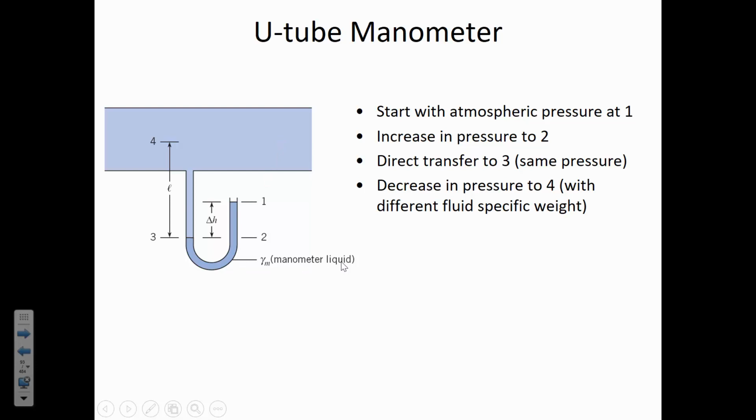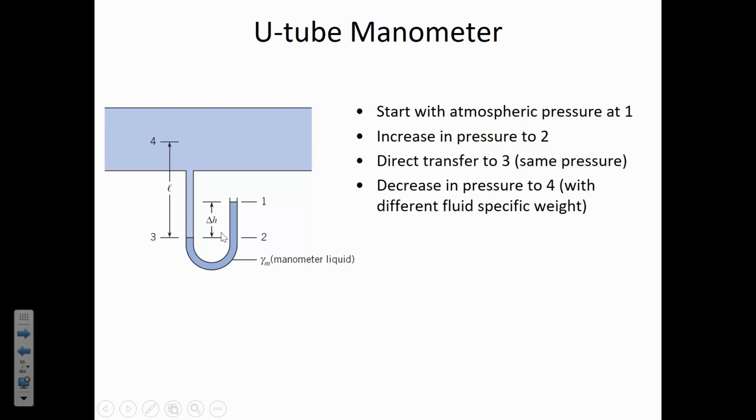And so the idea there is that generally you'd want to utilize a fluid that has a relatively high density. And the more dense the fluid, then that deflection distance, delta H, doesn't have to be as big as like the 85 meters that you'd have to have if your fluid for measuring pressure differences was water.